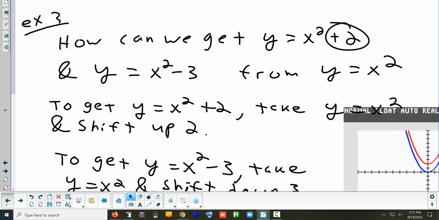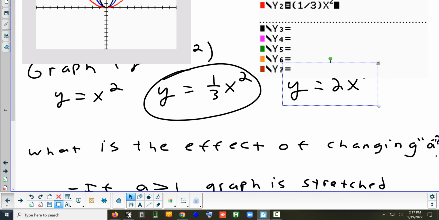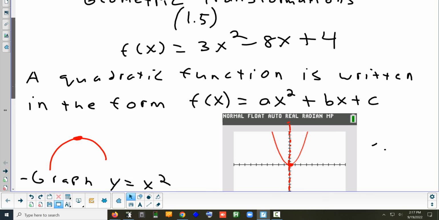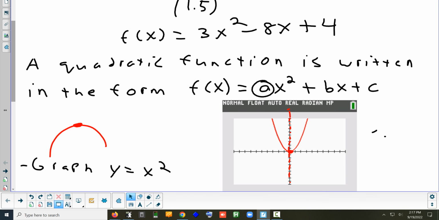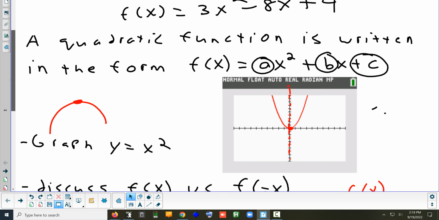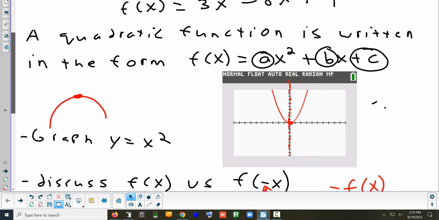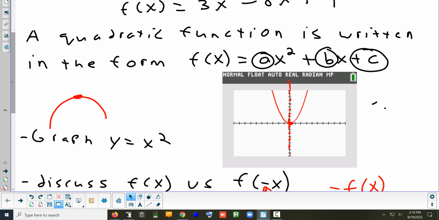Those are coming from the very first thing I gave you. A, B, C. So A is the number in front of x squared, B is in front of x, and C is the constant.